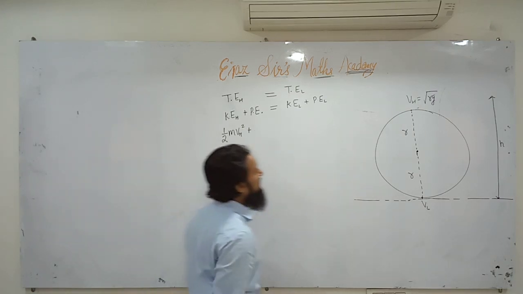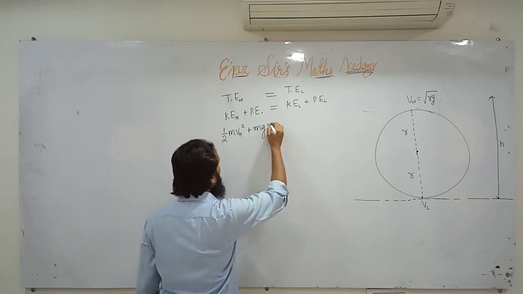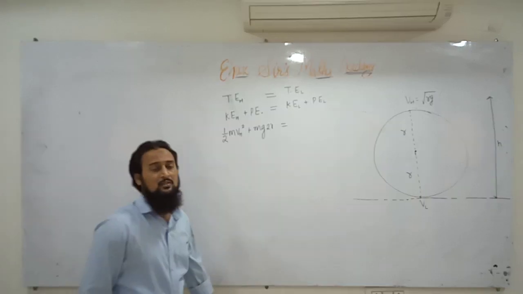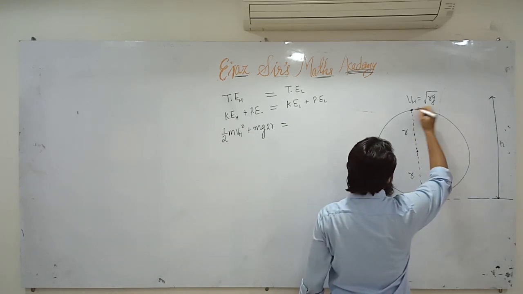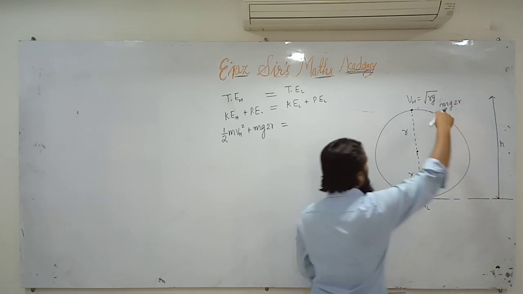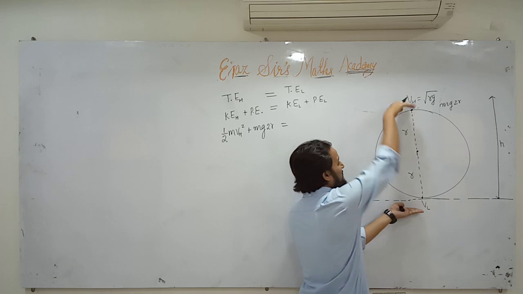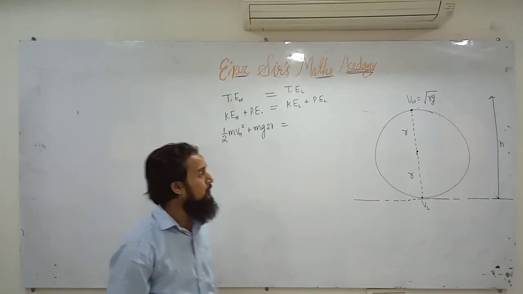Potential energy at the highest point will be m into g into 2r, mgh. See, potential energy here will be mg into 2r because it is mgh, and how much is h? 2 times the radius, so potential energy will be mg into 2r.